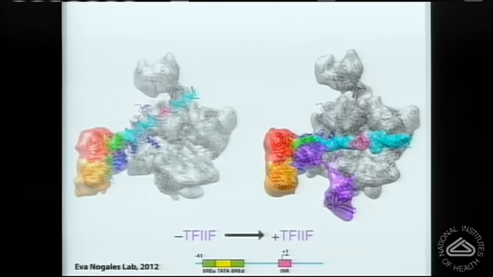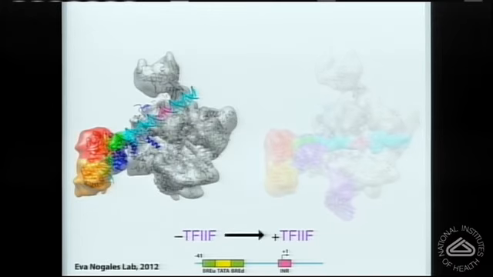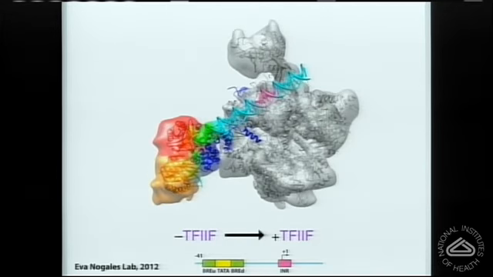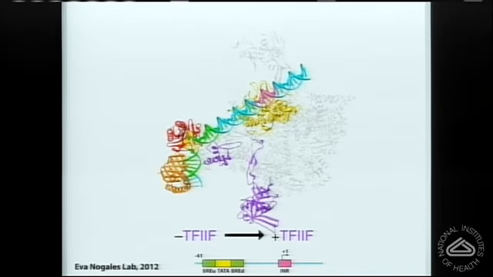I'm going to show you the two structures in a second. Then I'm going to remove the densities and just concentrate on the crystal structures that have been docked into them. And I'm going to show you, starting from this structure, what happens upon addition of TF2F. So one obvious thing will be the additional mass of the TF2F itself. But there are a number of conformational changes that occur simultaneously.